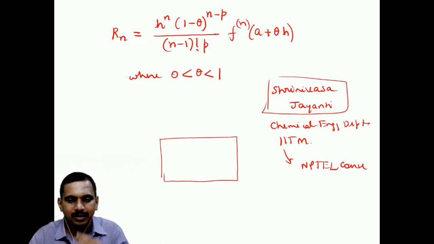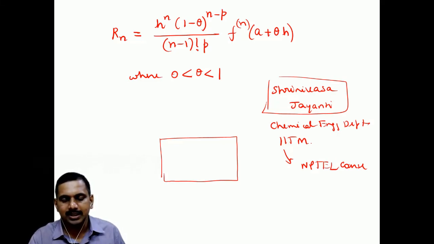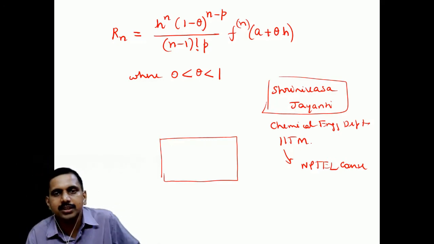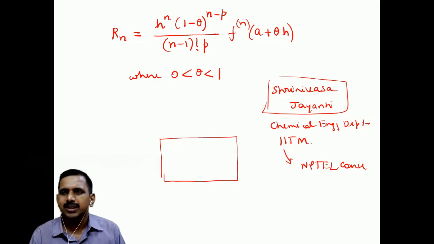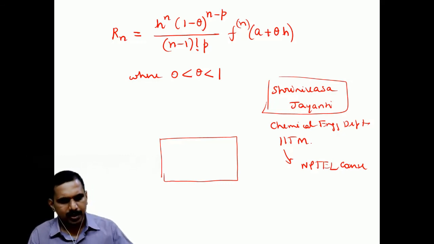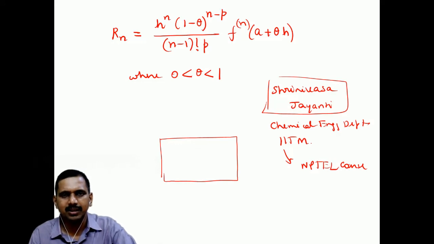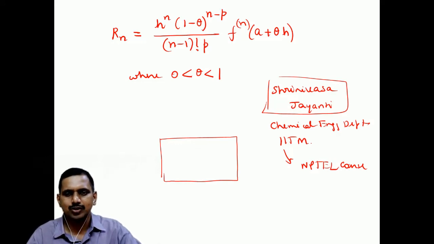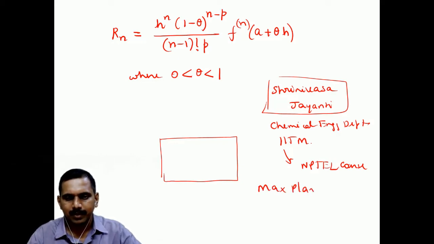Most nonlinear second order, third order differential equations are unsolvable. If you are able to solve it analytically, there is a 1 million prize announced by the Max Planck Institute in Germany, introduced in the 1970s.